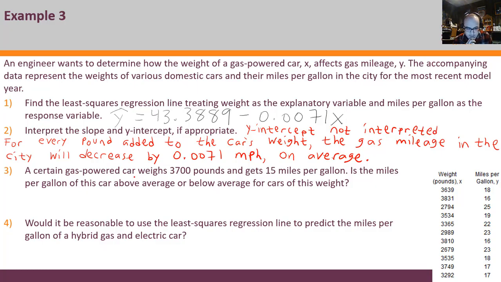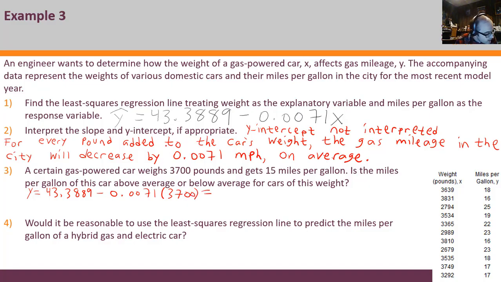Now, for a certain gas-powered car that weighs 3,700 pounds and gets 15 miles per gallon, is the miles per gallon of this car above average or below average for cars of this weight? How do we know this? Well, we could just put 3,700 into our equation and get this prediction. So we are going to do that: y is equal to 43.3889 minus 0.0071 times 3,700.